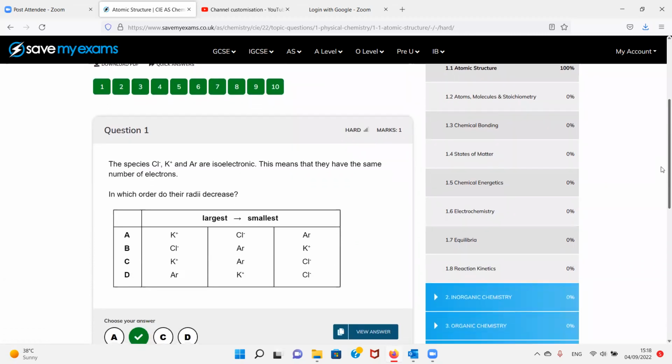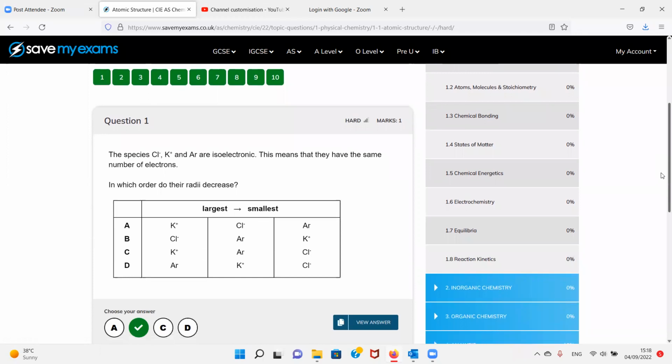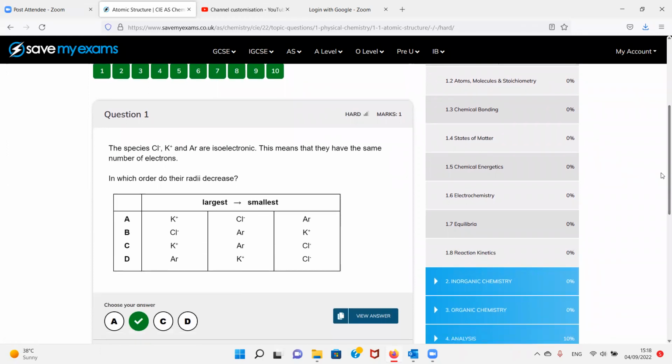Okay, next are the difficult questions or hard questions. The species Cl minus, K plus, and argon are isoelectronic. When it says isoelectronic, it means they have the same number of electrons. So in which order do their radii decrease? So here the only thing that controls the radius is the nucleus.